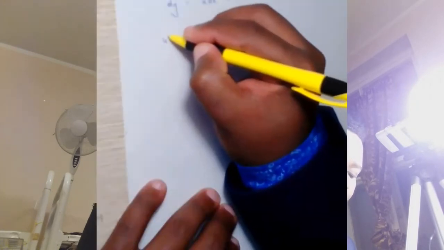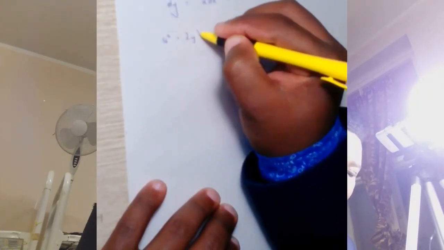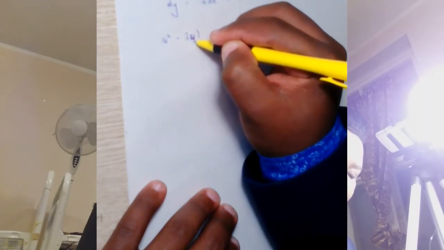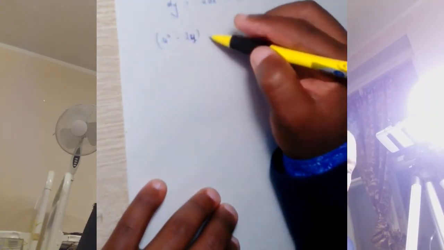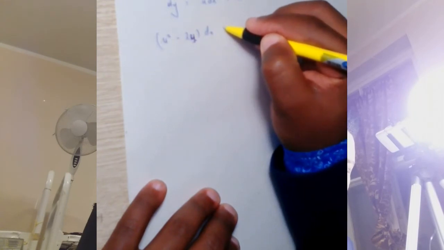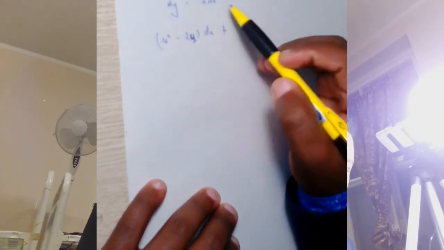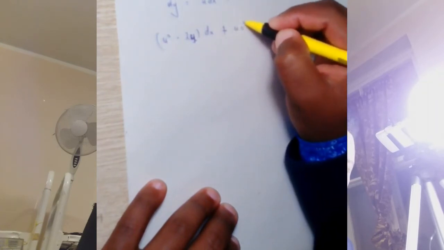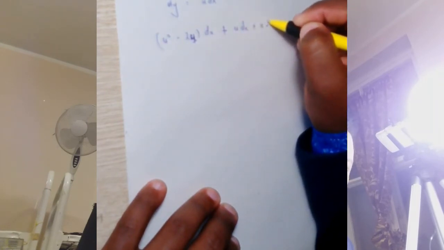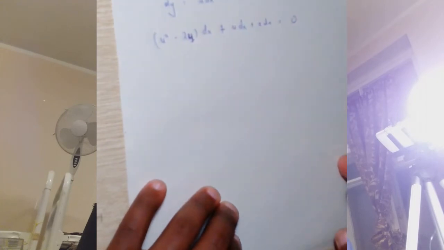After this I need to rewrite my equation, and this will become (u squared minus 2u) all multiplied by dx plus, then in place of dy I'm going to write this. I have u dx plus x du is equal to 0.